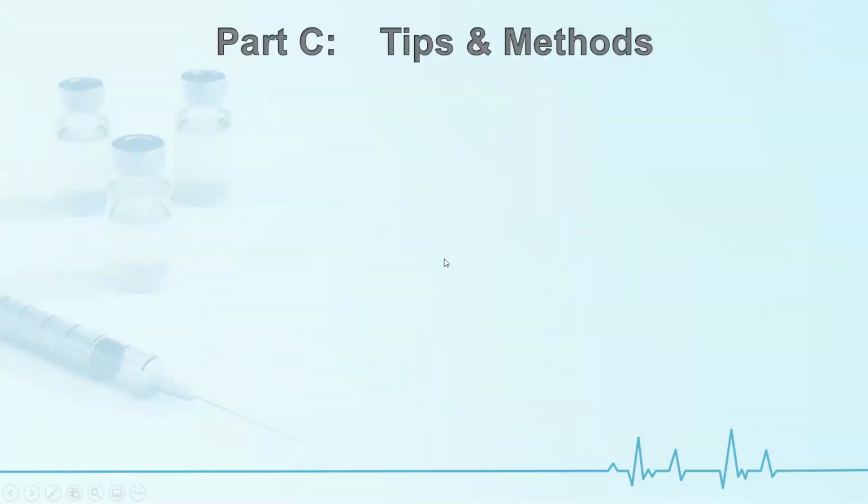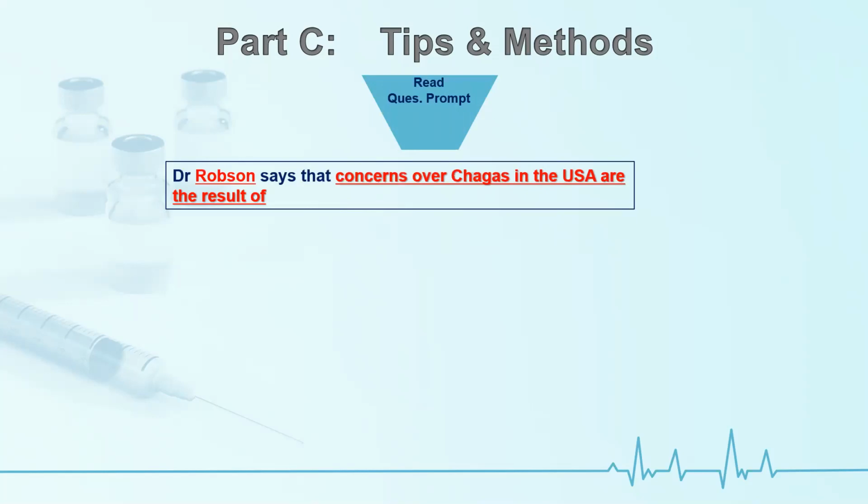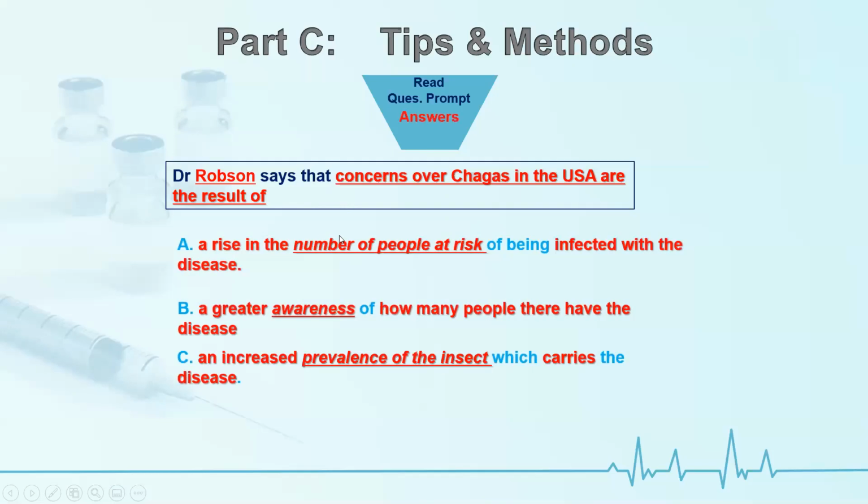For part C, tips and methods, or how to deal with these types of questions in this part. Again, we have the question prompt. You have to read firstly the question prompt, like Dr. Robson says that concerns over Chagas in the USA are results of. Then we have the given answers.